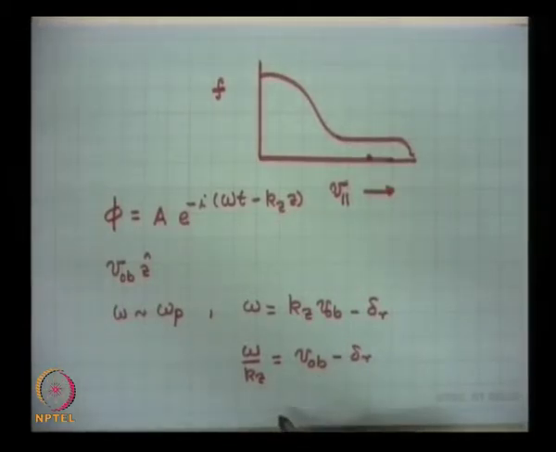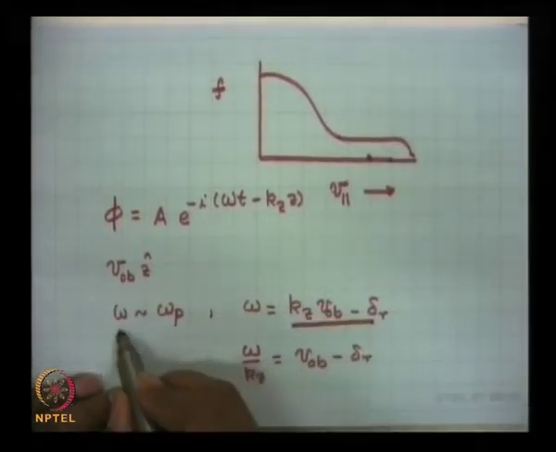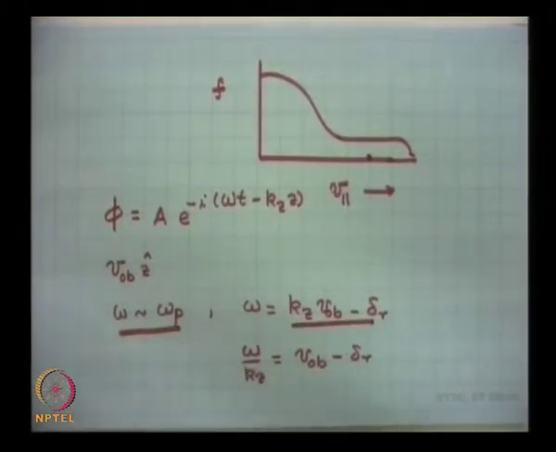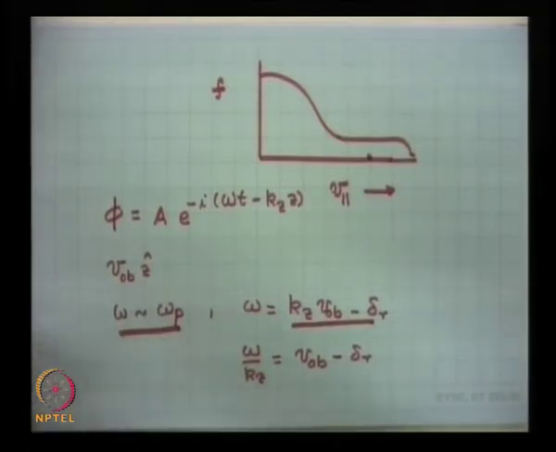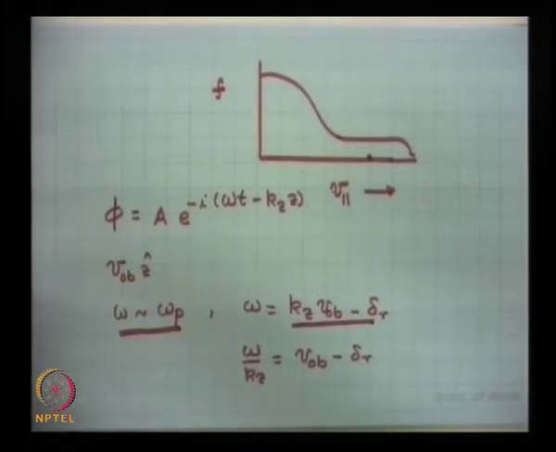So, what you really require is that for resonant interaction this condition should be satisfied and the wave frequency should be close to some normal eigen frequency in the system, the normal frequency of any electrostatic wave in the system. In an unmagnetized plasma, there are only three kinds of waves: Langmuir wave, ion acoustic wave, and electromagnetic wave.